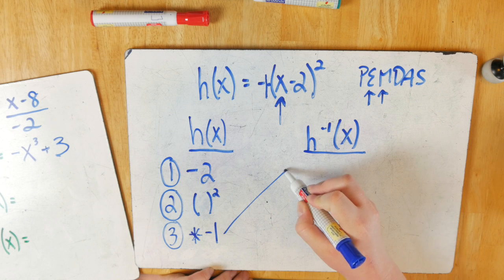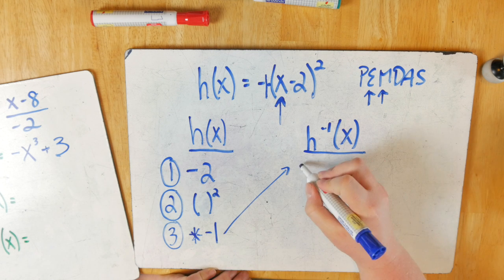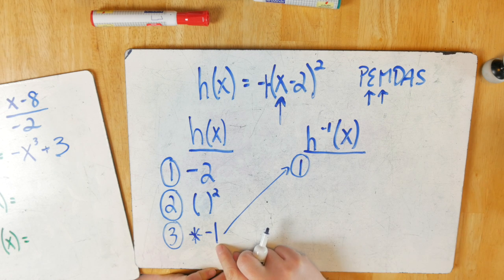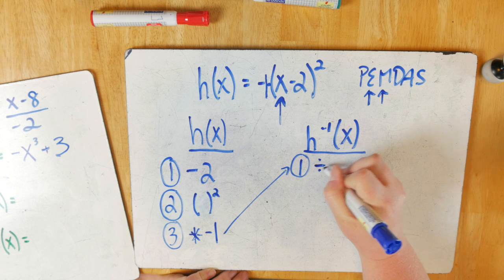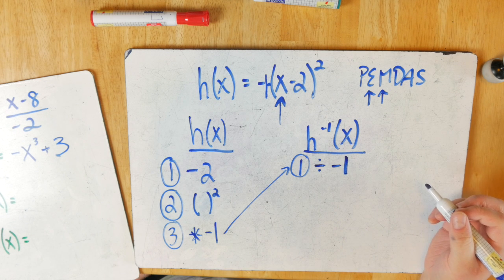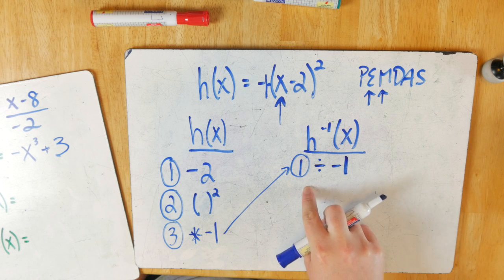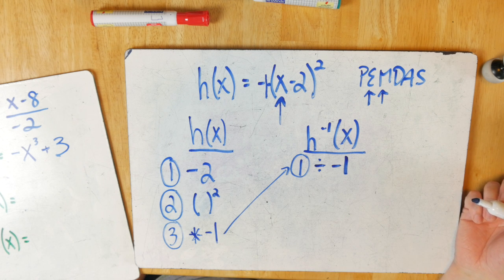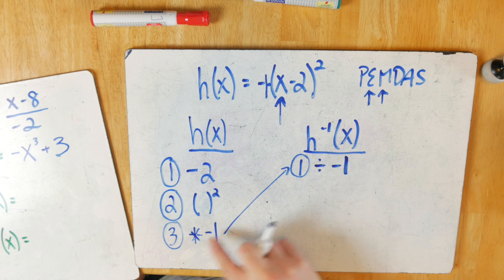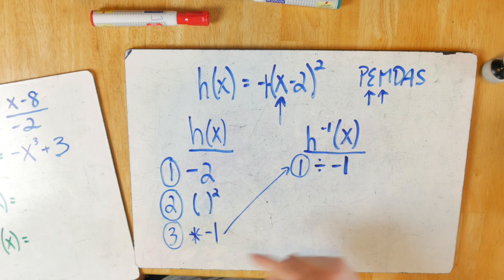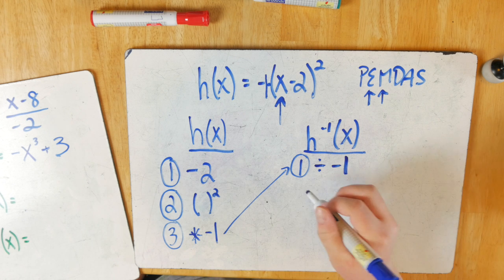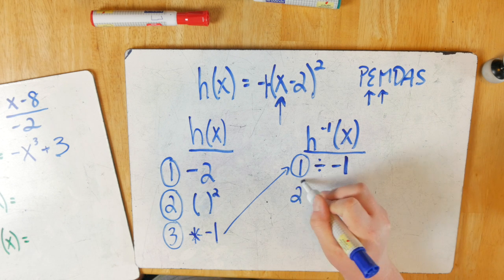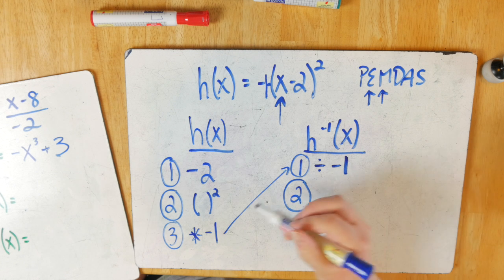And so instead of multiplying by a -1 last, we're going to divide by -1 first. And again, multiplying by -1 and dividing by -1 is actually the same thing, only for the numbers 1 and -1. So that doesn't matter too much, but again, being consistent with the idea of inversing each operation, if you want to think about it as division rather than multiplication, I say go for it.